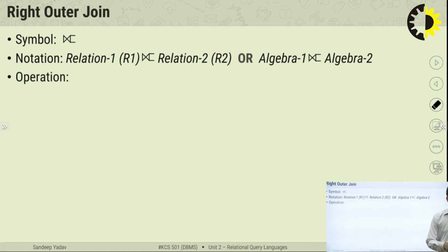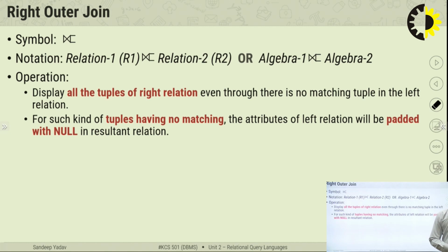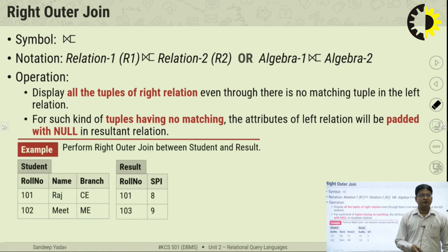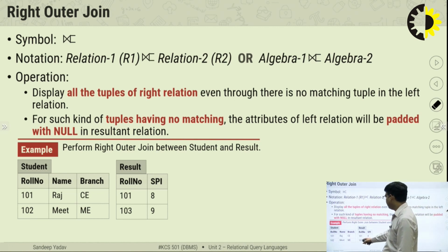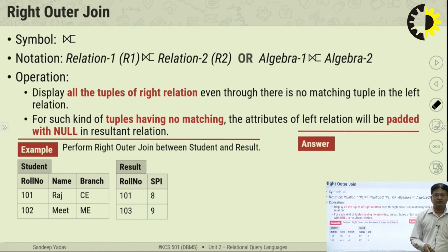Now the right outer join. For right outer join, we have to display all the tuples of the right relation, even though there is no matching value on the left side. Suppose we want to show 103 in our result, despite that there is no matching value in 102, then we have to make use of right outer join.